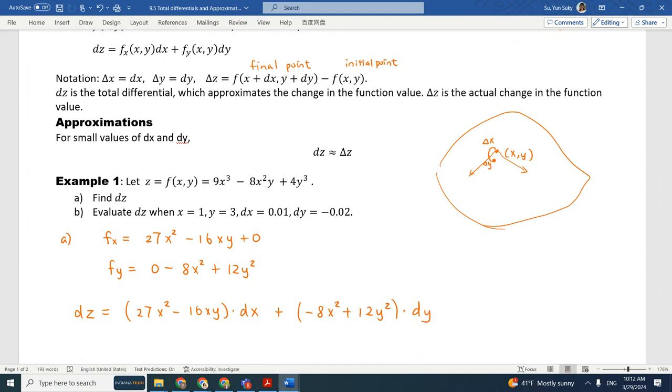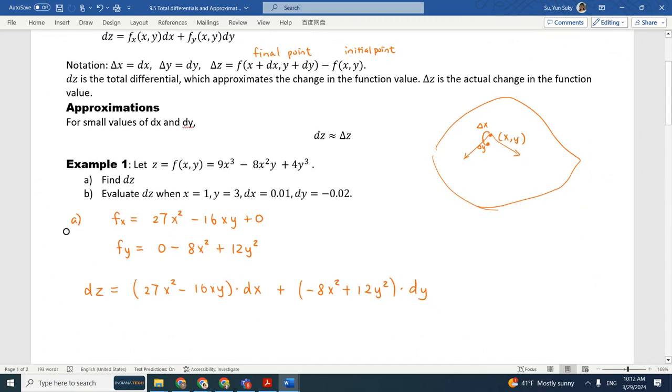That's it. fx dx plus fy dy. Just compute the first partial derivatives. This is part A.